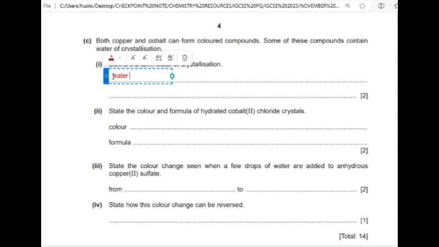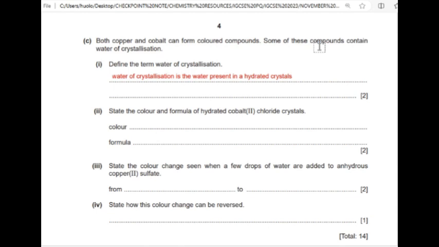Water of crystallization is the water present in hydrated crystals.